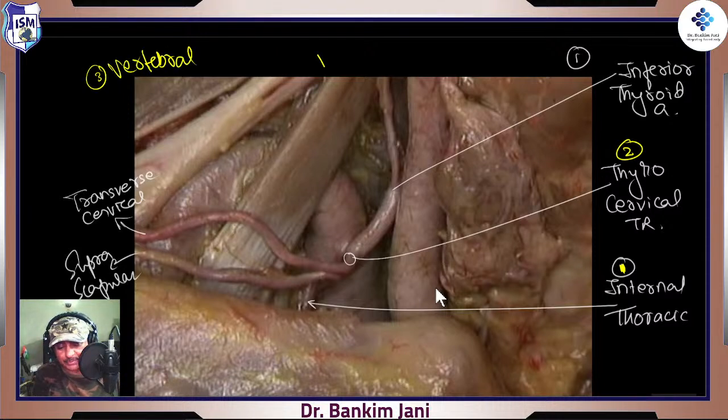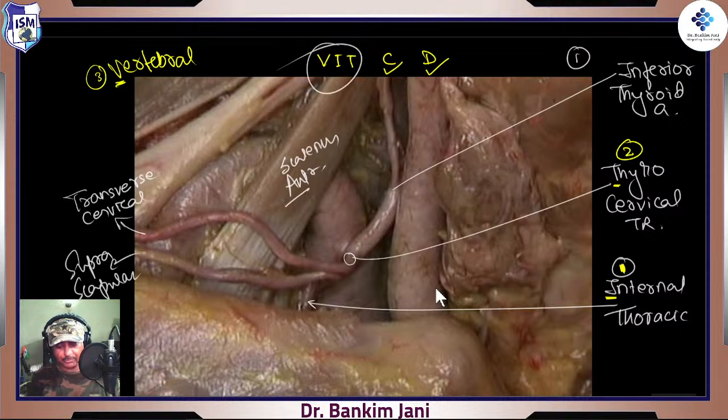So that's how we said V, I, and T. V, I, T. Vitamin C and D: costocervical and dorsal scapular, right? We talked about it. So it is the scalenus anterior, this is the muscle, and all these first part of branches are before the scalenus anterior. Crystal clear, right?